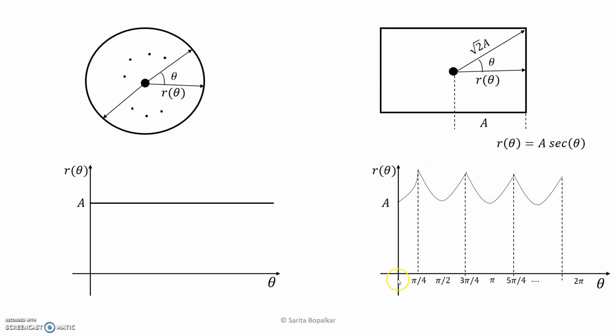And at angles 0, pi by 2, pi, you get the minimum amplitude a. And this is the nature of your signature. So for this two-dimensional square boundary, the nature of the signature is like this. Like this, for different shapes, you will get different signatures. So this signature is a unique representation of a boundary.